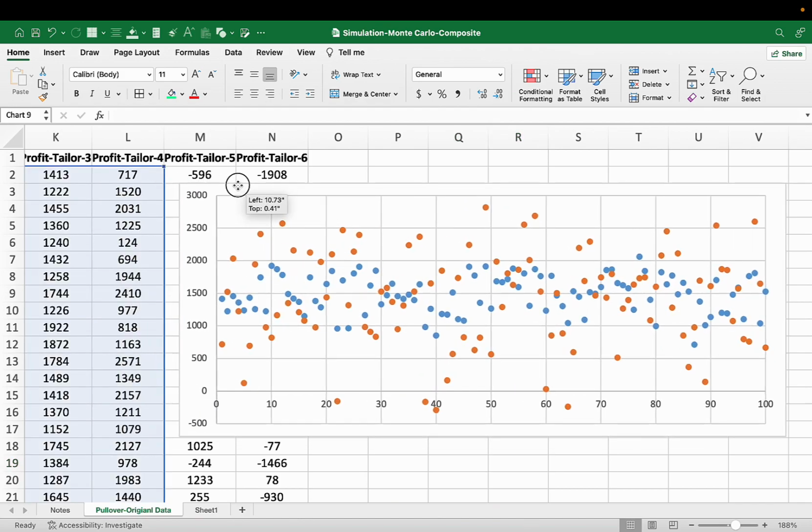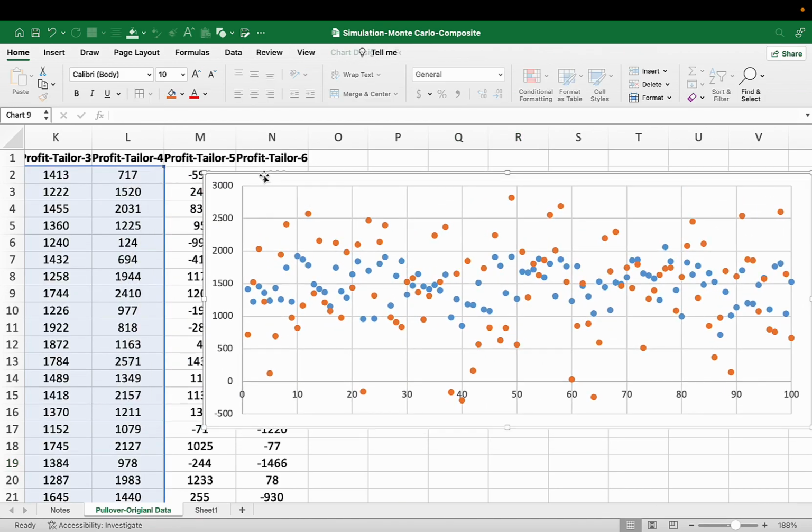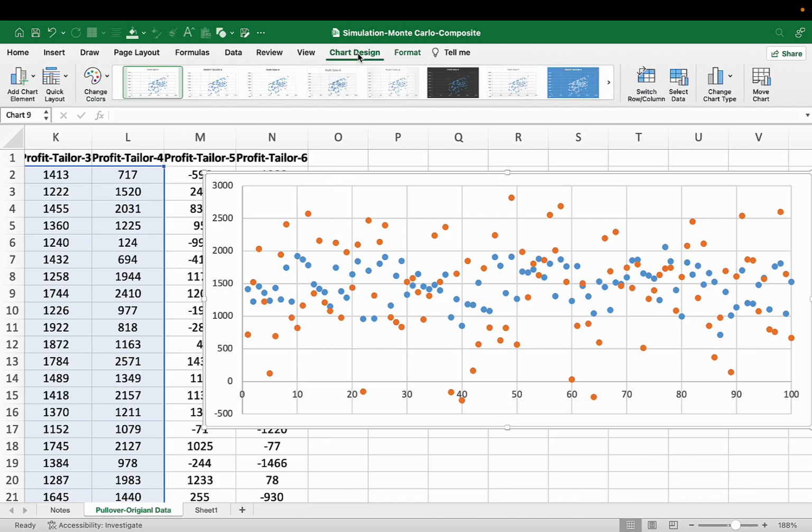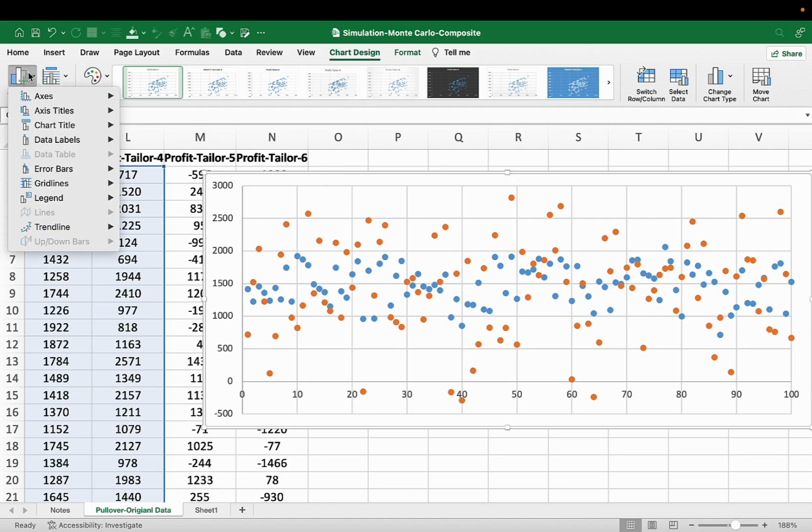Another thing, we need to add legends and a title. So click on chart design, and this is something that can be different in Windows and MacBook, but I'm sure you will easily figure it out. So if you are using a MacBook, then add legends from here. I'm sure in Windows it will be a different path, but it will be easy.